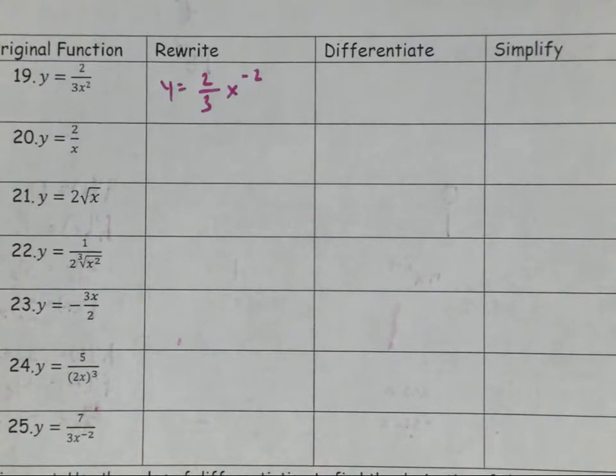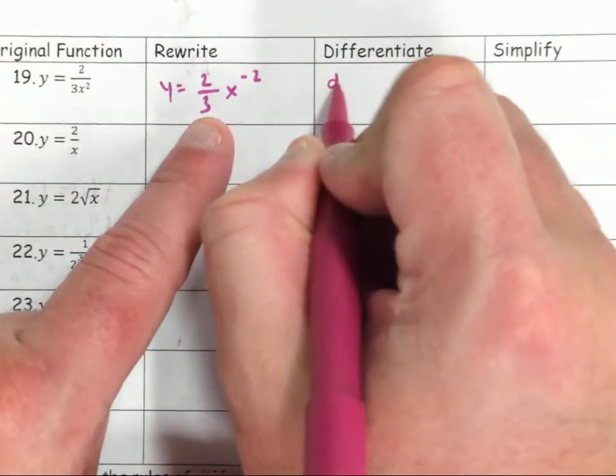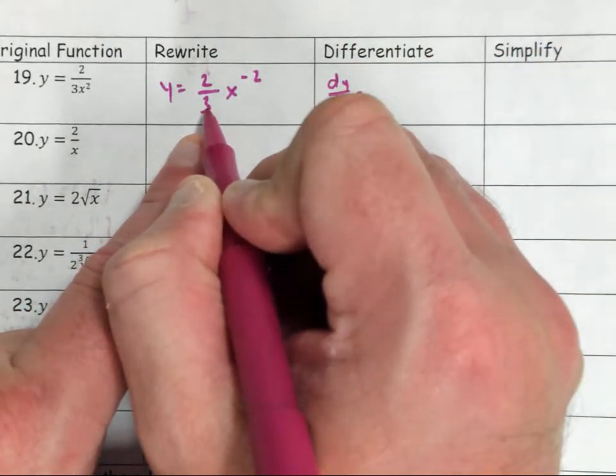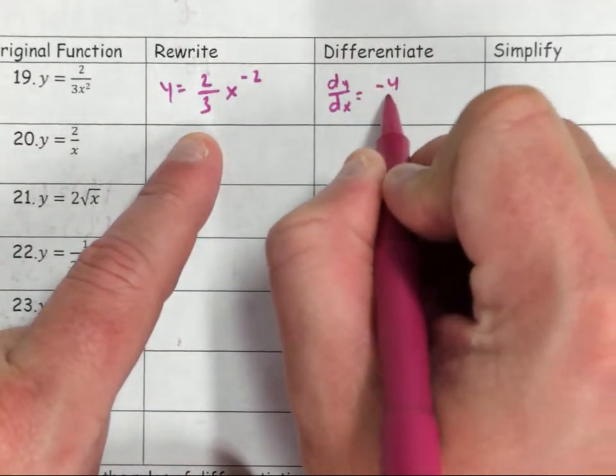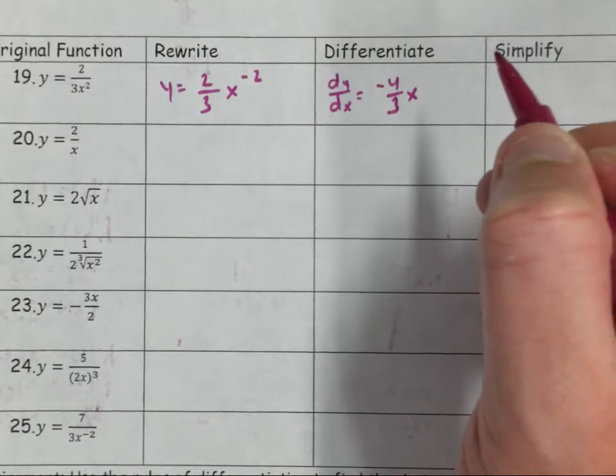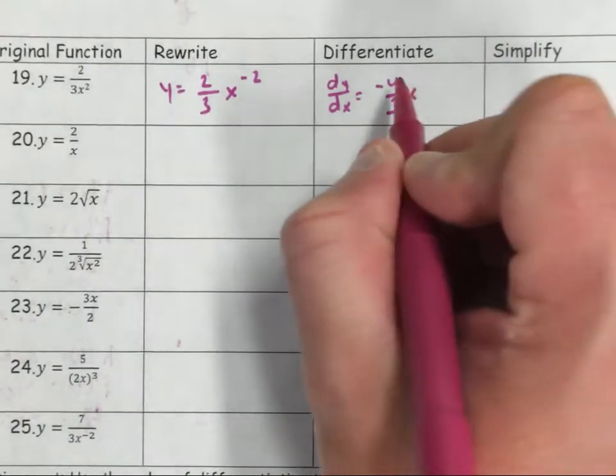So now I can differentiate this problem. So I'm going to use dy over dx equals negative 2 times 2/3 is negative 4/3 x. What's negative 2 minus 1? Negative 3.